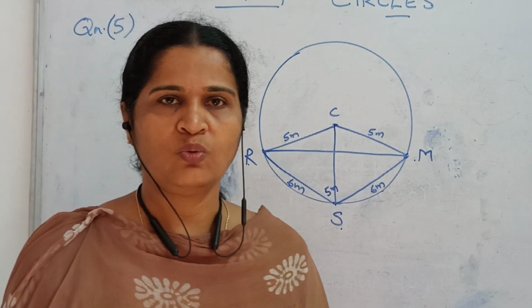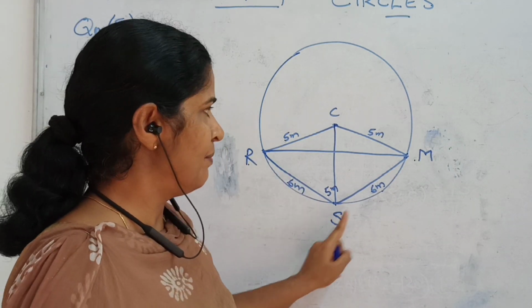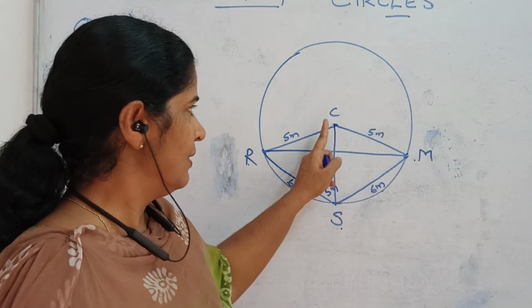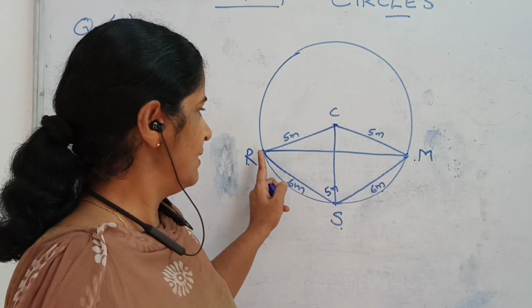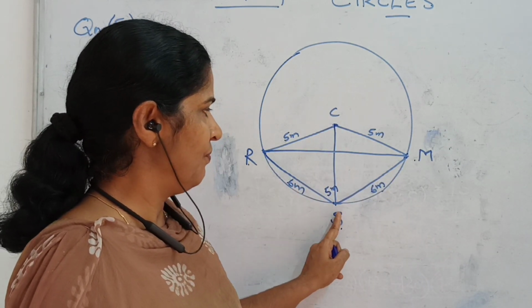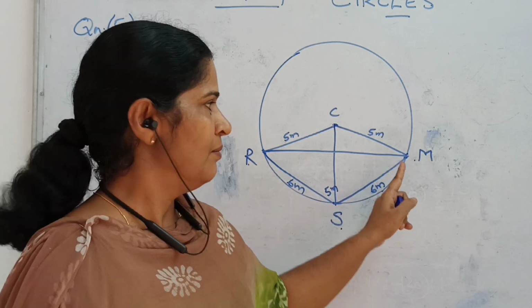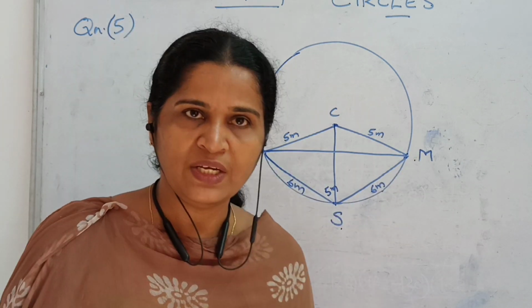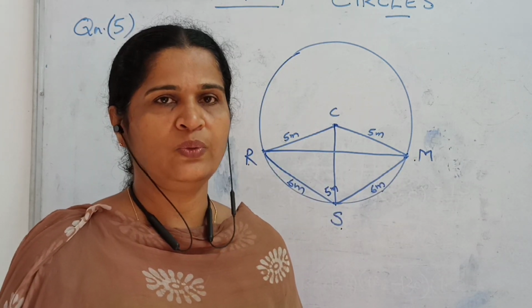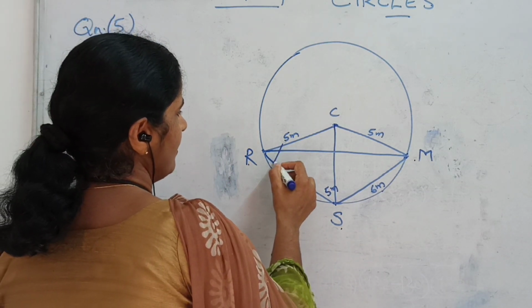How can we find it out? That's the question. Reshma, Salma and Mandip are standing here. The radius of the circle is given as 5 meters each and the distance between each of them is 6 meters. But this distance, Mandip to Reshma, is not given, and that is what we need to find out. For that, we'll consider this triangle, the left side one.